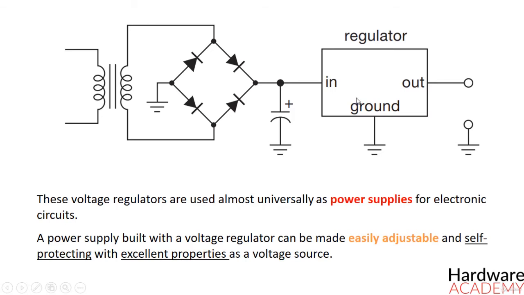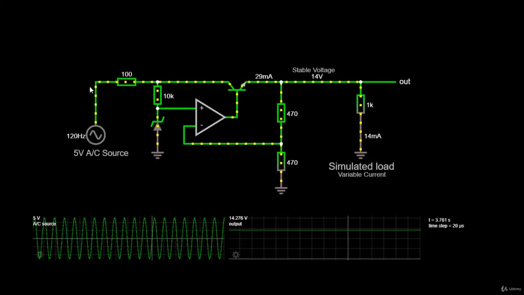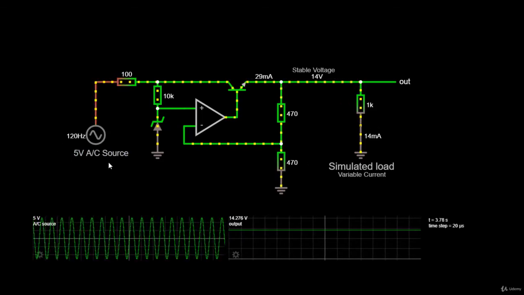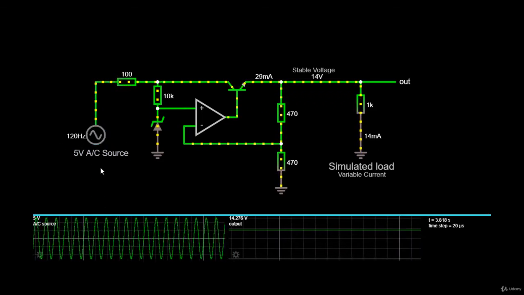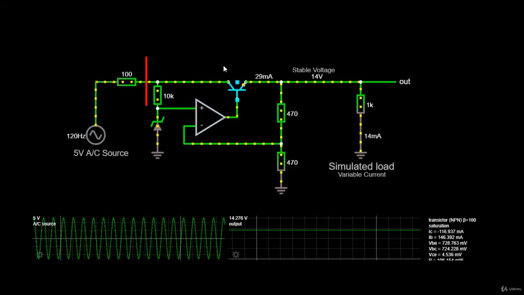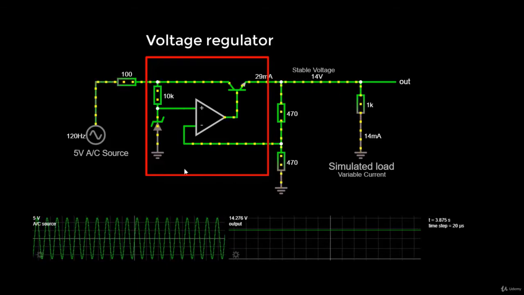We will deal with regulated DC power supplies in the future, but for now I just want to show you how the output voltage looks when we are using a voltage regulator. Alright, here we are. As you can see, we have a 5 volts AC source which is outputting a signal at 120 Hz. We have this part of the circuit, which is nothing else but our voltage regulator.